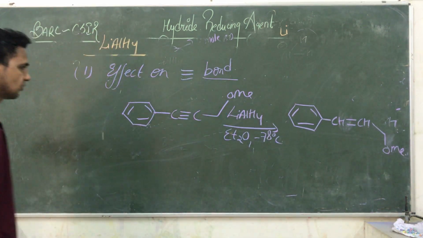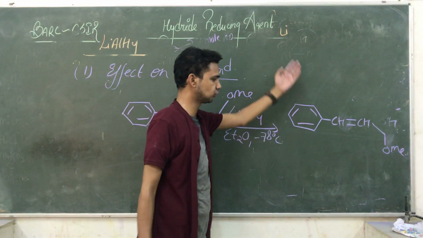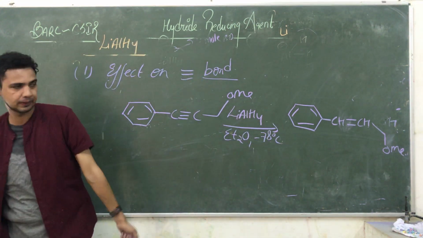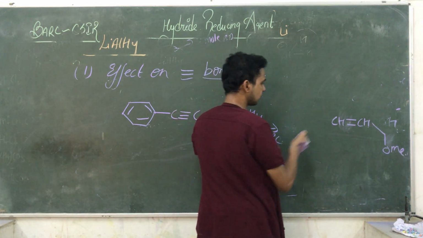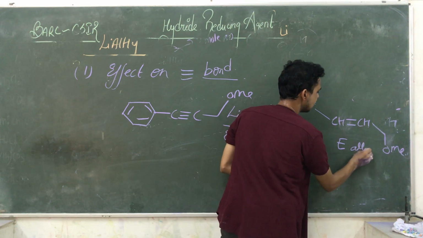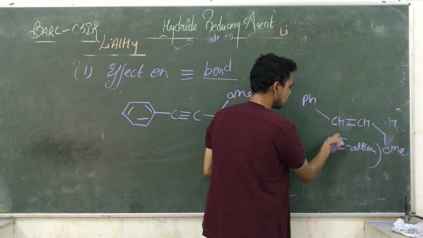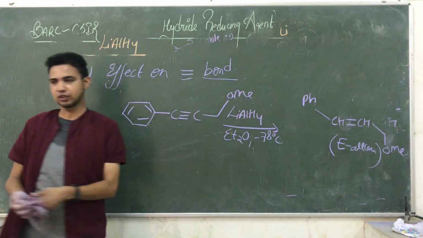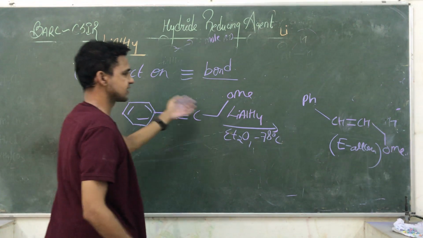So see guys, that is generally known as the E product. To show it as trans, you can show the benzene above on this side, and if you do not want to show the benzene ring, you can show it with Ph. That is the E kind of alkene. E alkene means trans alkene and Z means cis alkene. So they always give you a trans alkene. That is the specific nature.